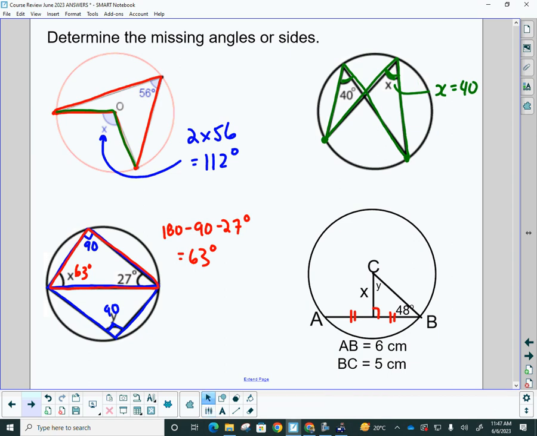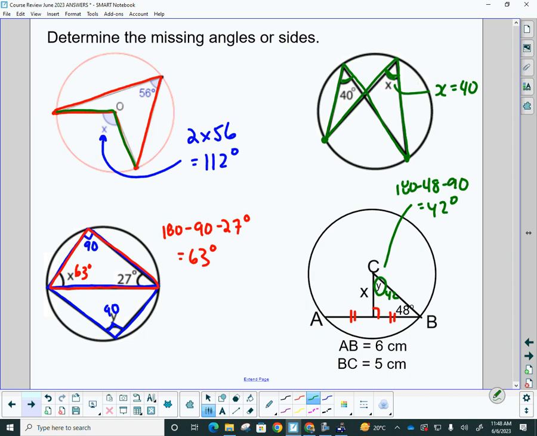So, since it's a 90-degree angle, I've got inside here, I've got 180 minus 48 minus 90. Just going to have to check that one for me. 180 minus 48 minus 90 equals 42. So there's 42.